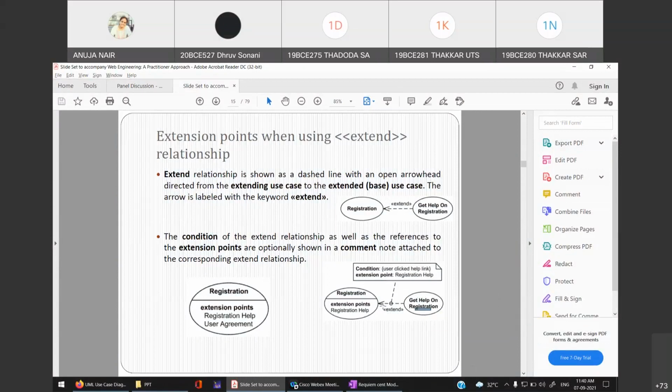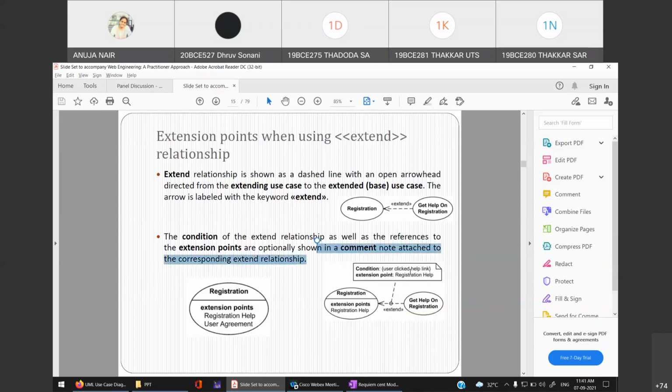That's why I have put an extends relationship. Whenever you put an extends relationship, you need to put an extension point. What this extension point will tell you is when I will use the get help use case, in what conditions, under what circumstances, under what situations. That condition should be represented by means of extension point.